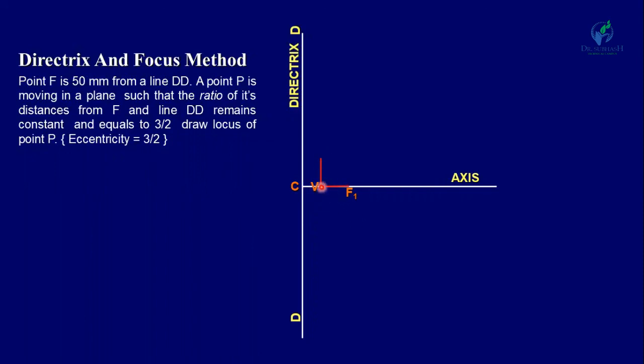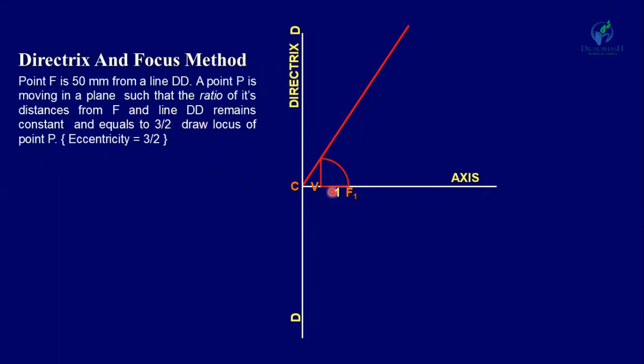Now with V as center and VF1 as radius, draw one arc. From this point, draw a line. This angle is always greater than 45 degrees because the eccentricity is greater than 1.